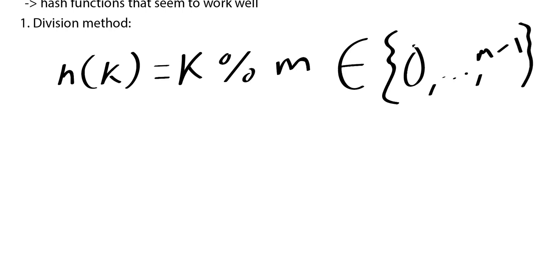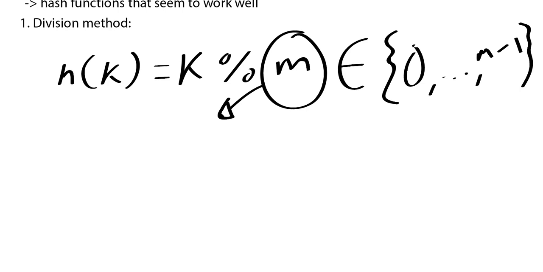So it'll live within the range we need it to live within, and the effectiveness of this depends on the choice of m. How many slots there are determines how effective this is.